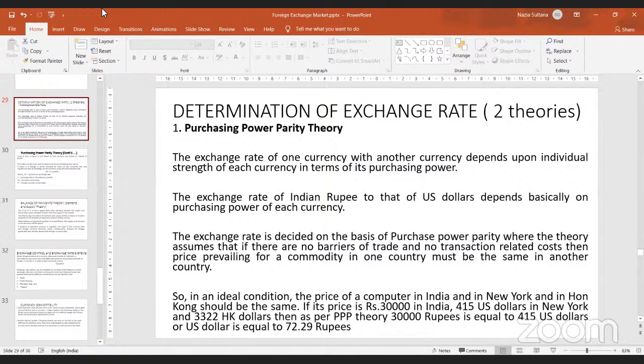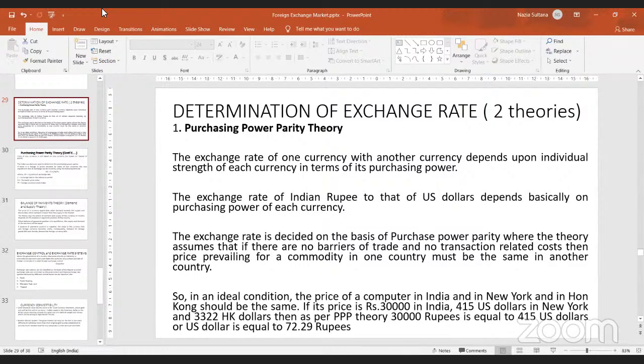So here there's an example also given. A computer in India, in New York, or in Hong Kong should cost the same. So if I'm spending 30,000 rupees to buy a computer system in India, I should be spending 415 US dollars, and I should be spending 3,322 Hong Kong dollars when I am buying a computer in Hong Kong, which ultimately means that 30,000 Indian rupees is equal to $415, which should be equal to 3,322 Hong Kong dollars.